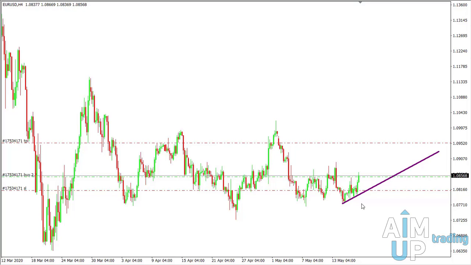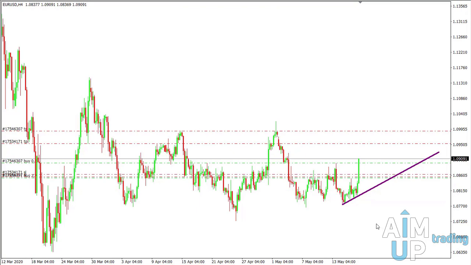So that's a really good signal for us that the price will most likely go up. The bulls are going to try and push the price higher because as you can see, the price stayed for quite a while and reacted on this level.